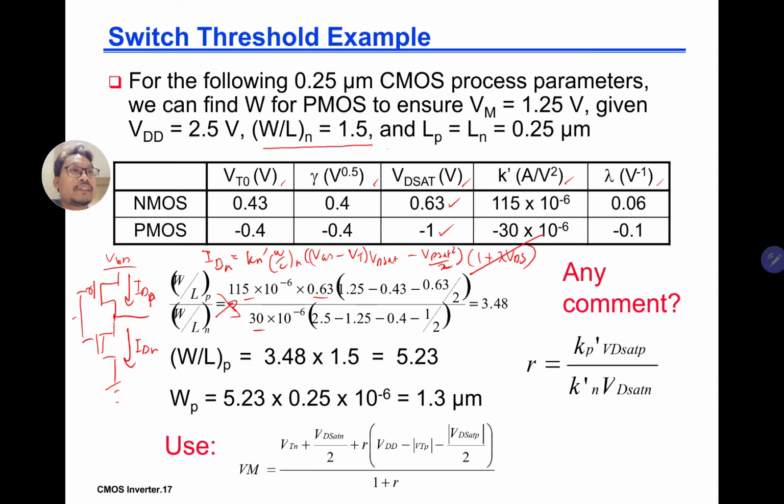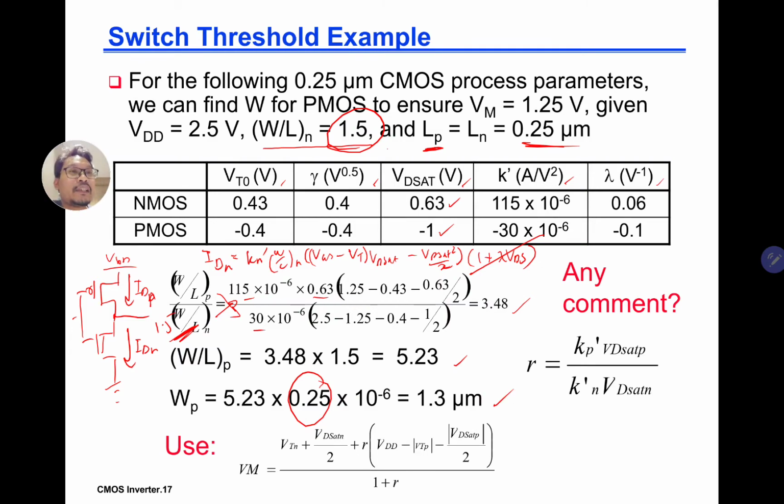And if you do this calculation correctly, you are going to get 3.48, and 3.48 is the W over L ratio between the P and the N. Okay, W over L of P divided by W over L of N is 3.48, and W over L of N is given as 1.5. So you put 1.5 there, 3.48 times 1.5, you get 5.23, and we know that your LP is 0.25, therefore we know our WP is 1.3 micron.